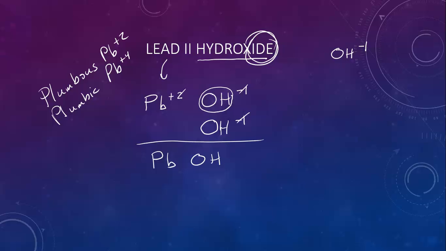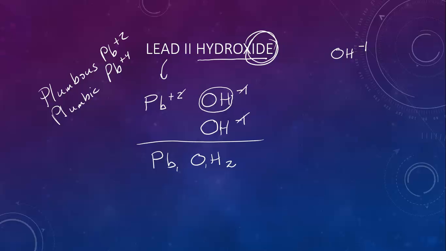Now we need to somehow denote that we have two OHs without confusing the person that's reading what we're trying to write down. If we were to place a 2 here, then it would look like there was one lead, one oxygen, and 2 hydrogen. Now we may have wanted to communicate, no, that's not the case, but it doesn't matter. That's the way it looks.